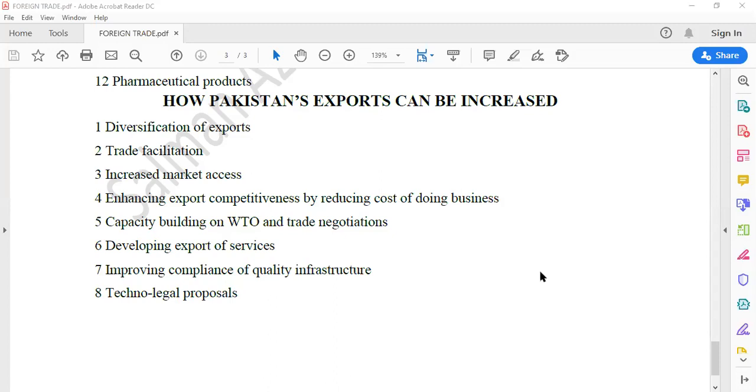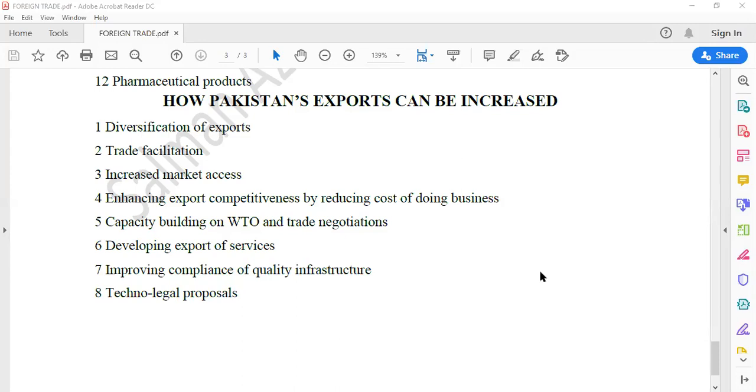Fifth is capacity building on WTO and trade negotiations. WTO is the World Trade Organization, which takes care of the world's trade structure, and every country has to comply with the WTO rules and regulations.